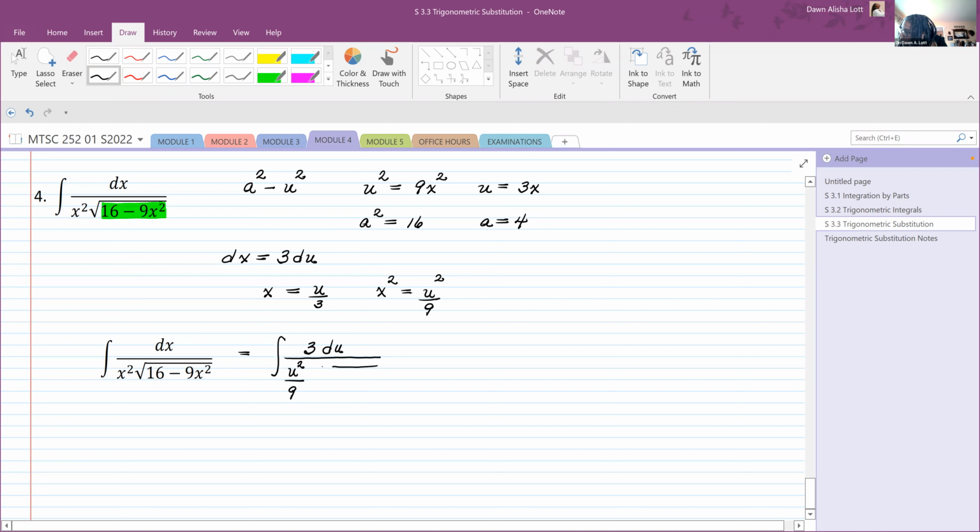And then this becomes the square root of a squared minus u squared. So this now becomes, I'm going to divide by that. So I'm going to get 27 times the integral of du over u squared times the square root of a squared minus u squared.